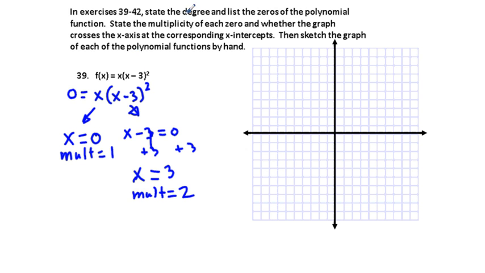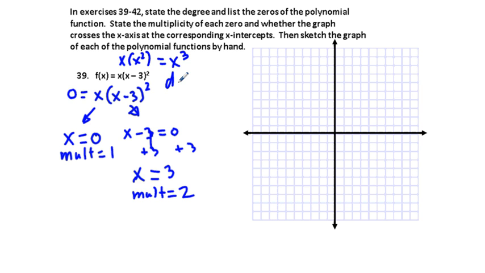It also says state the degree. That was the first thing they listed. I didn't get that first. What you have, just for degree, you have x, and then this quantity x minus 3 in parentheses, we're going to have x squared. And so x times x squared is x cubed.